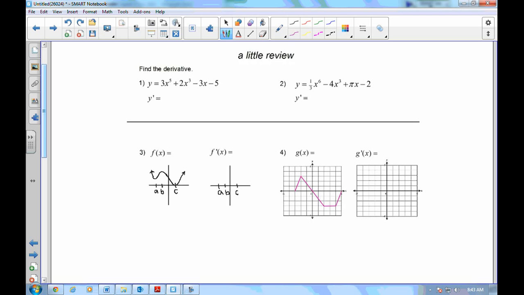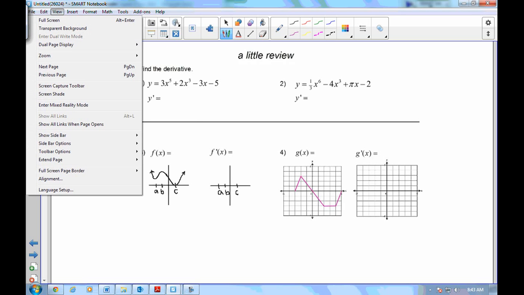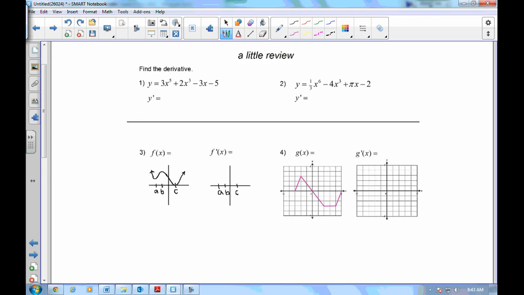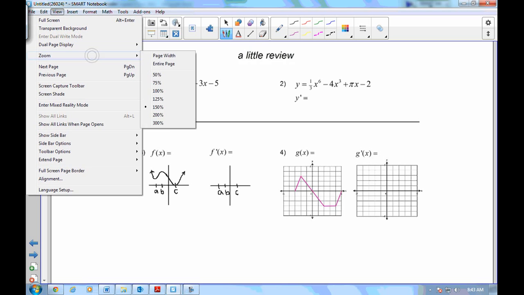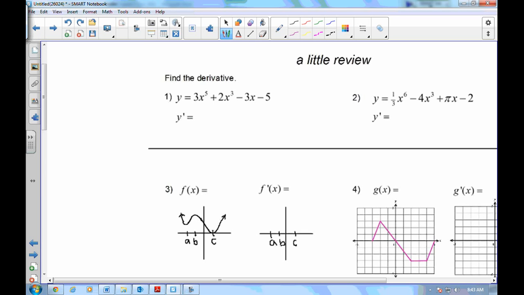What is pi? Is pi a variable? The constant.